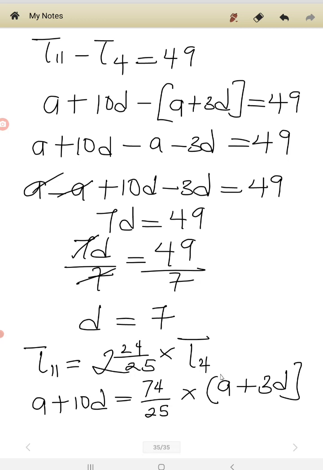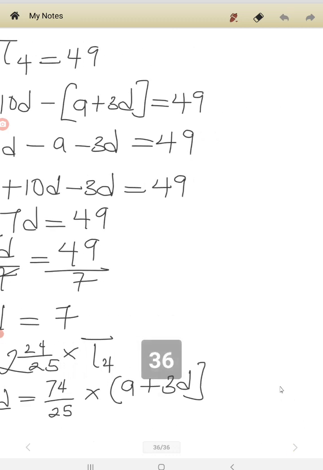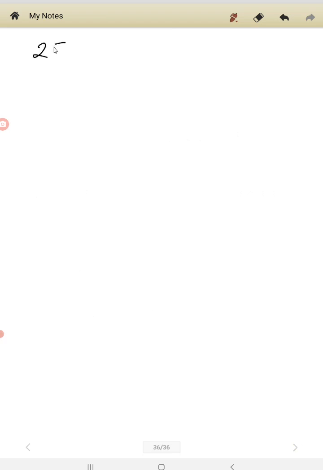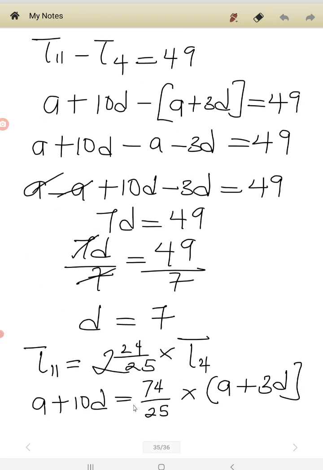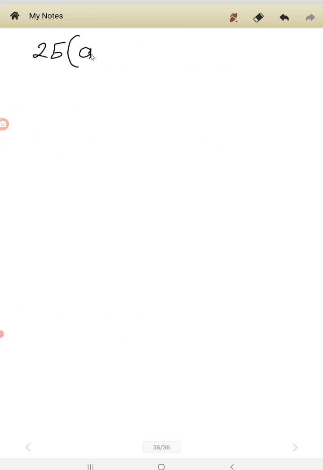So the first thing you do now is cross multiply. The 25 will multiply A plus 10D, and the 74 will multiply A plus 3D. So you write 25 brackets A plus 10D is equal to 74 onto A plus 3D.